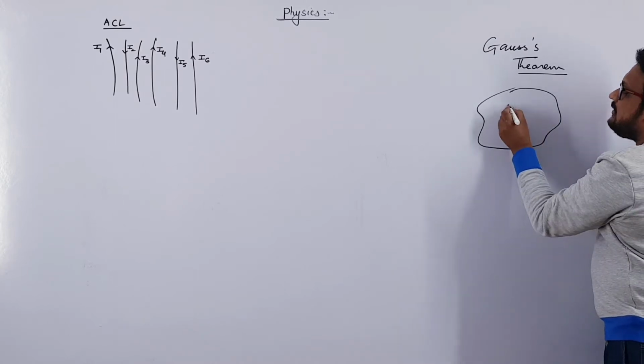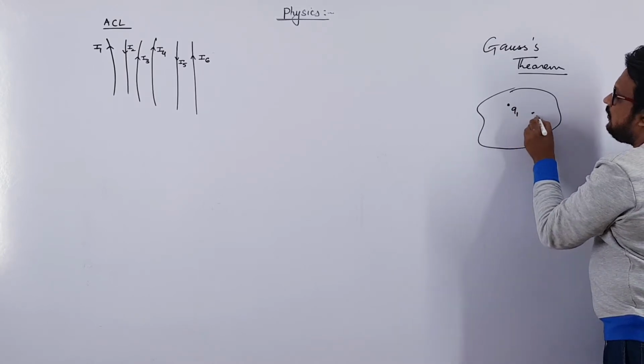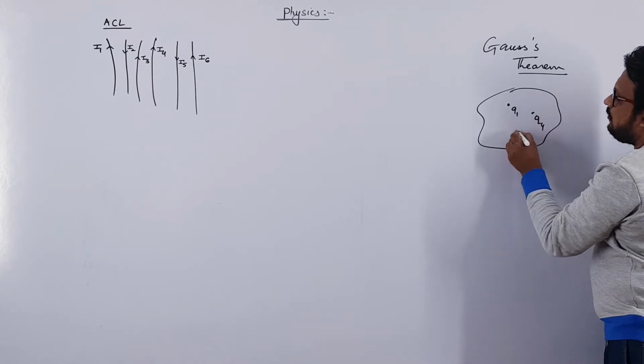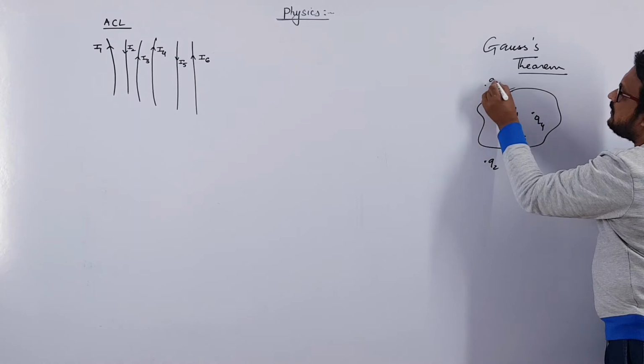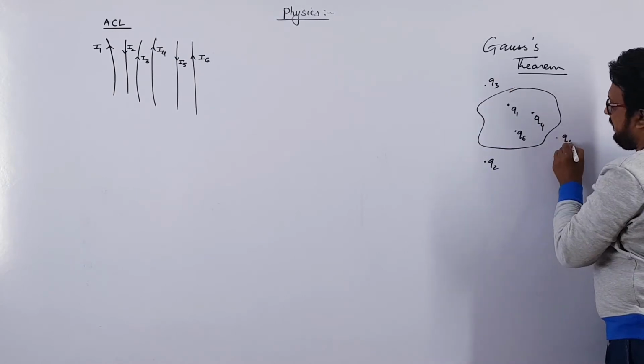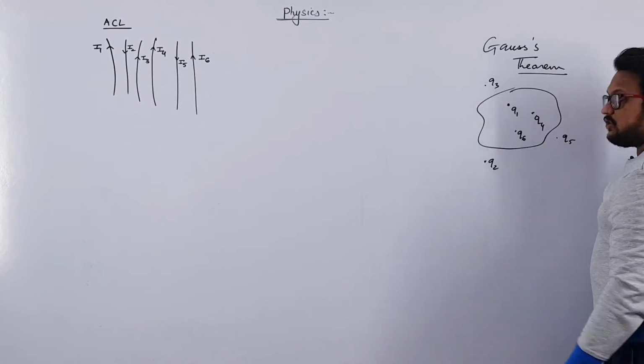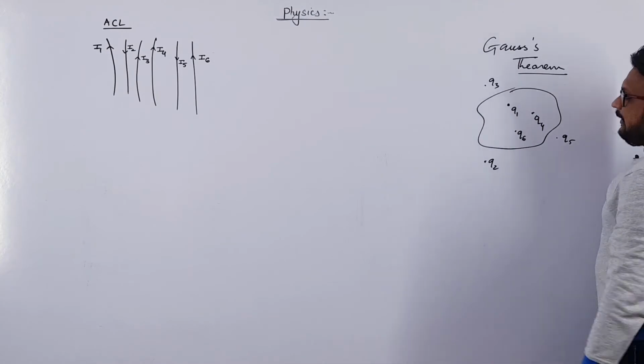Let us say here we have charges Q1, Q4 and Q6, here we have charge Q2, somewhere over there Q3, and here Q5. So in total we have 6 charges, Q1 till Q6.